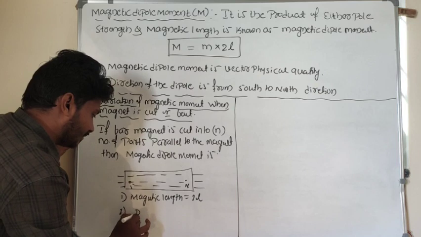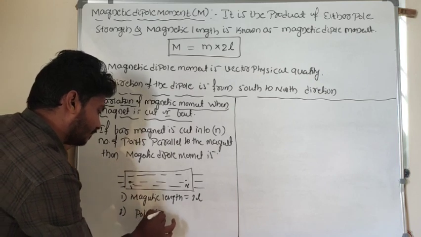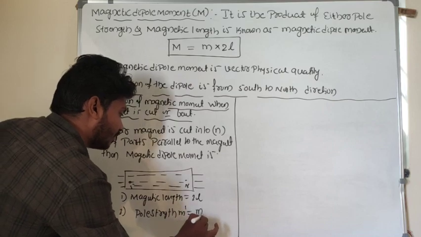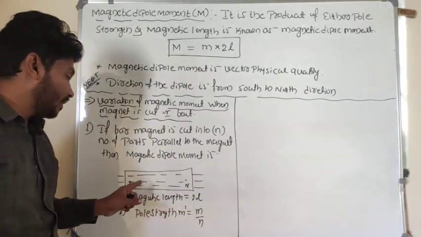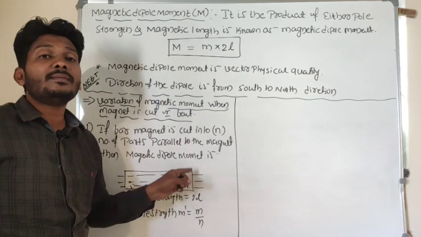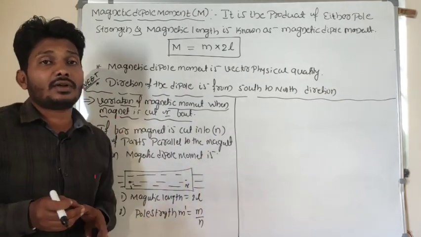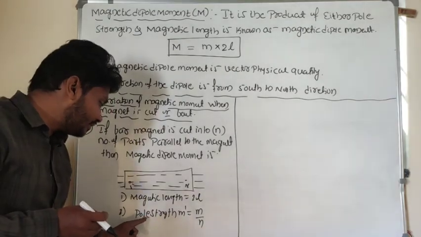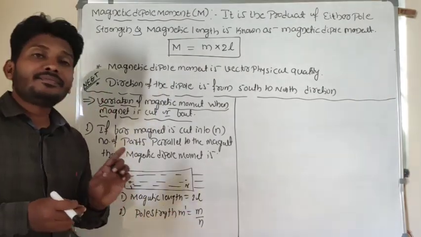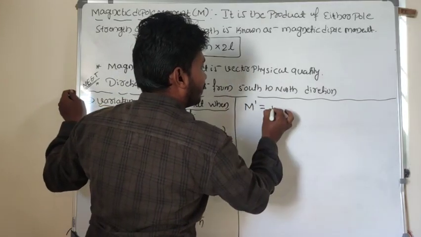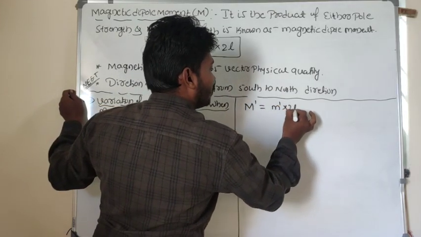Then we can consider the pole strength here. Pole strength m dash is equal to m by n here. Why? Because if you cut that magnet parallel to the magnet, its area of cross section decreases. As a result of this, pole strength becomes m by n here. Then the new magnetic moment will be m dash into 2l dash.